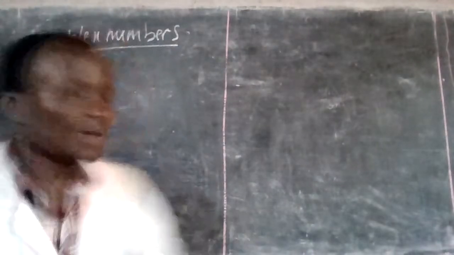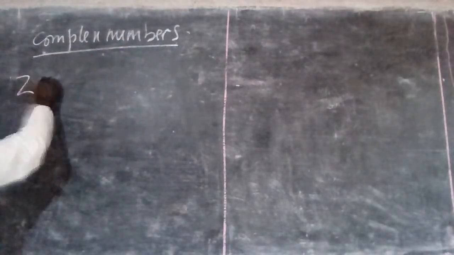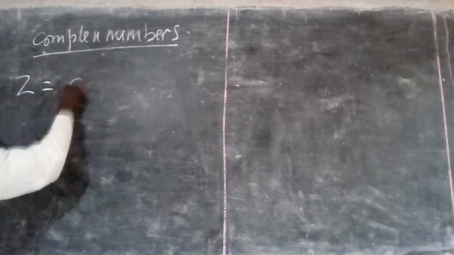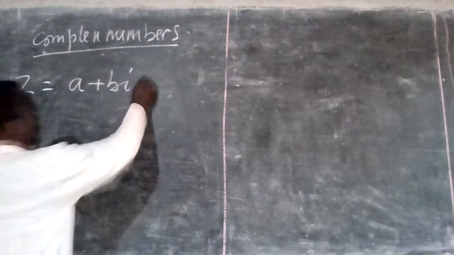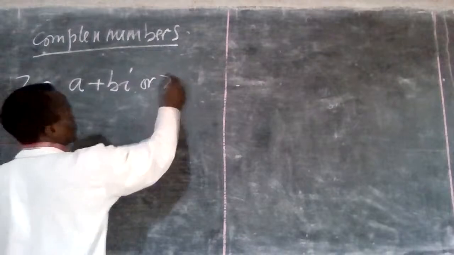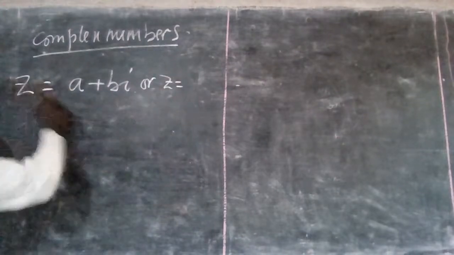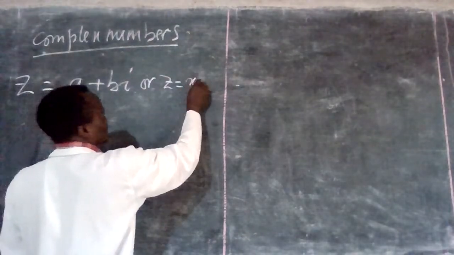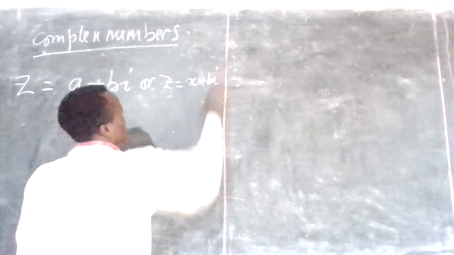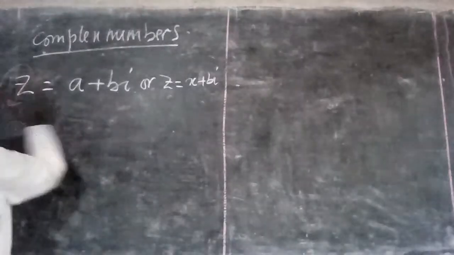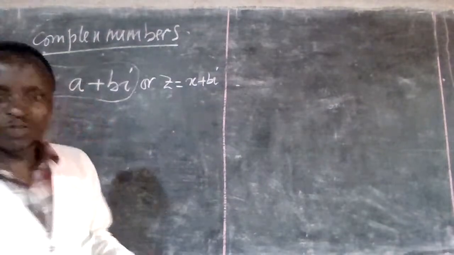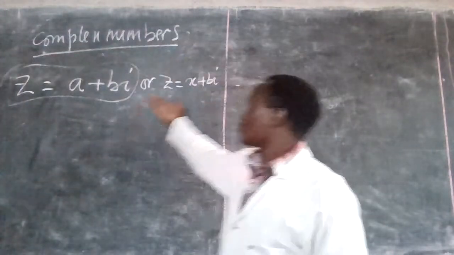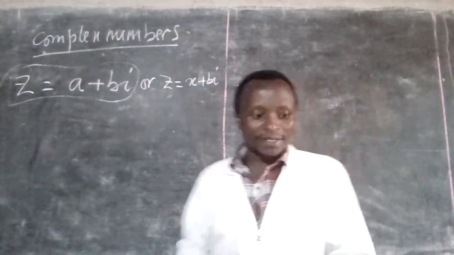Now about the complex numbers, it is when you have, for example, z which is equal to a plus bi, or z which is equal to x plus bi. So this is a formula which should be symbolized for complex numbers.